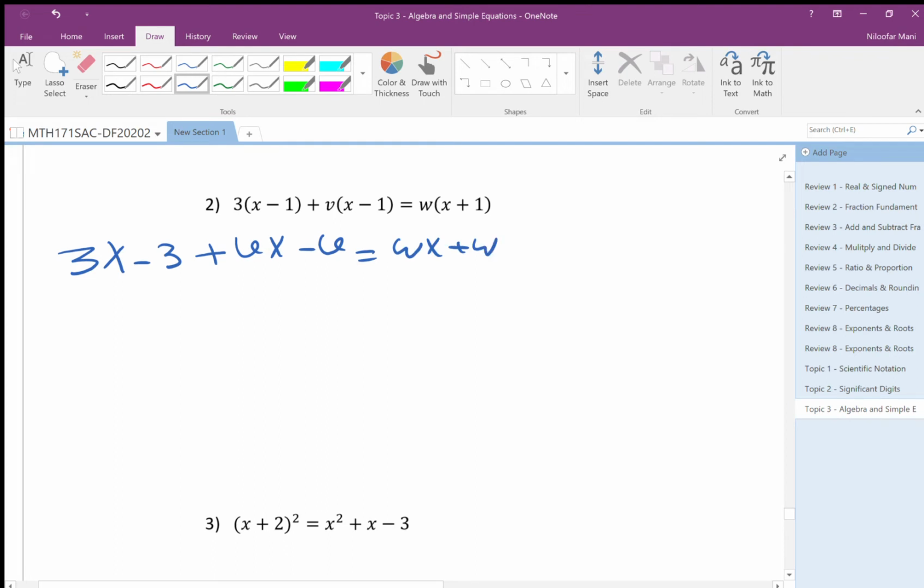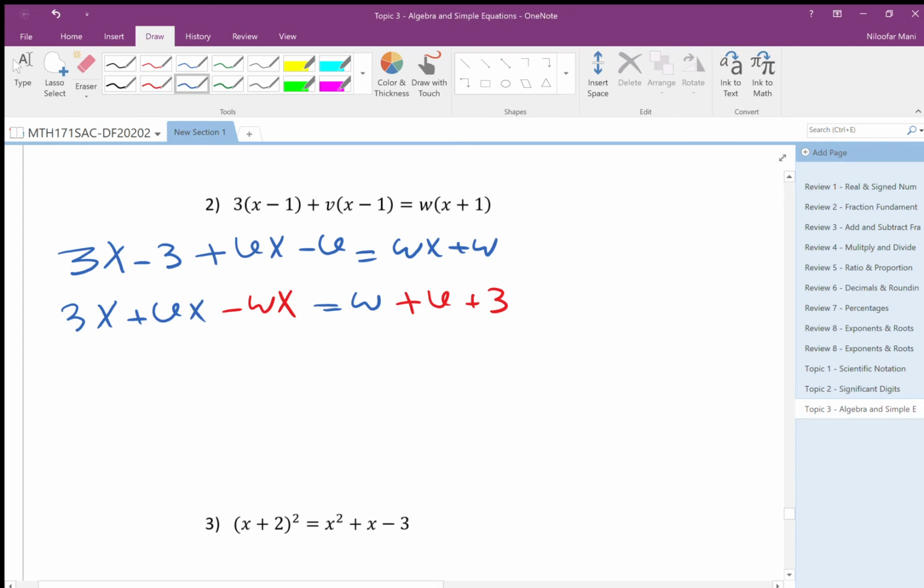Now, all x on one side, everything else on the other side. So 3x plus vx minus, I change the color, minus wx equals w plus v plus 3. Then can I combine them?